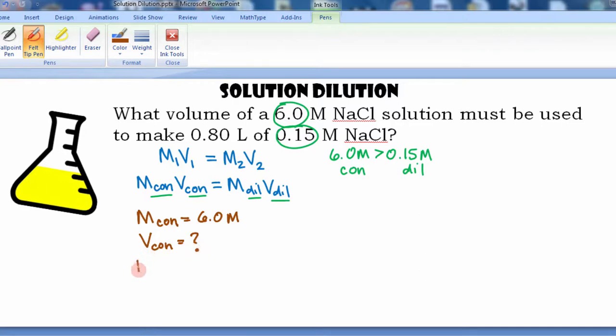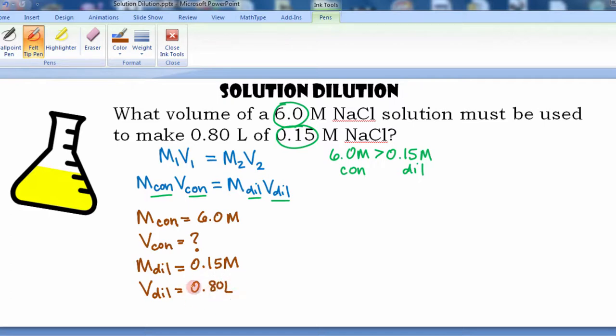Now, the molarity of the dilute solution is equal to 0.15 molar, and the volume of the dilute solution is equal to 0.80 liters.